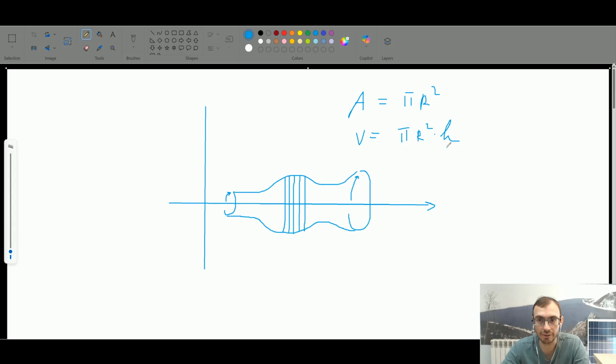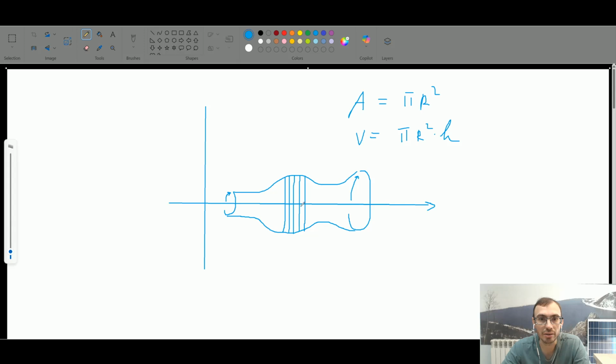The h is very small, so with very many cylinders and very small h, you get something close to the area of a circle times a very small number. So there is ideally an infinite amount of such cylinders, or circles, due to their tiny height. Now the question is what to do with them.